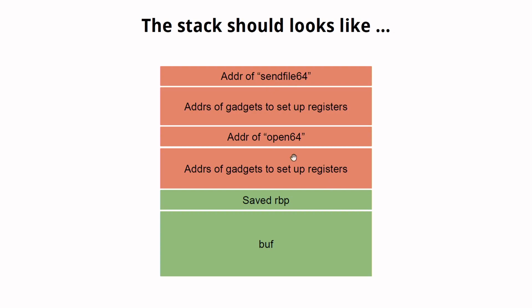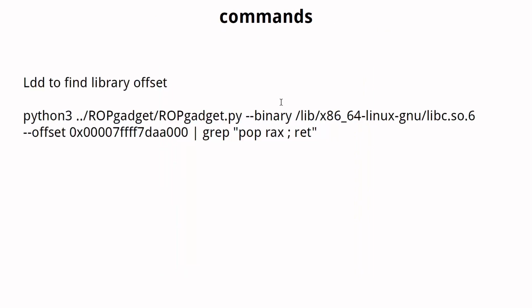Then we have the address of open64, which is a C library function, the wrapper of the system call open. After that, we are going to set up the registers again, then return to sendfile64, right? To set up those registers, we are going to use those ROP gadgets.